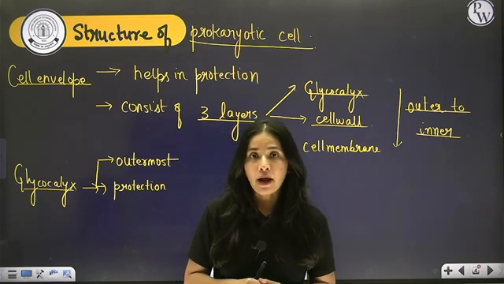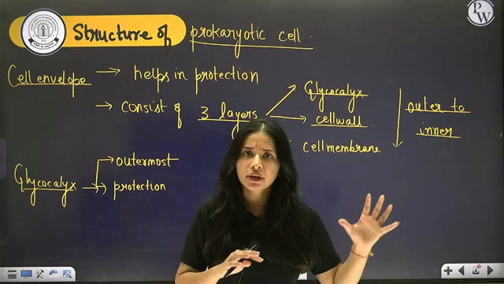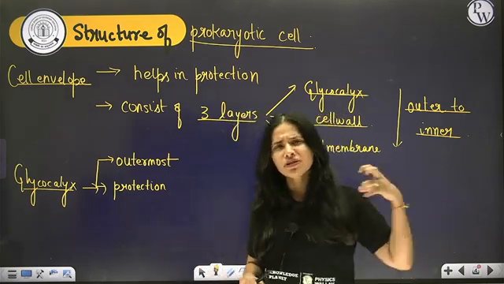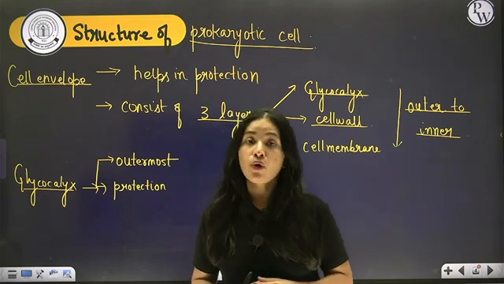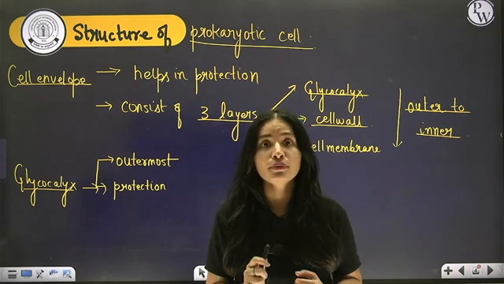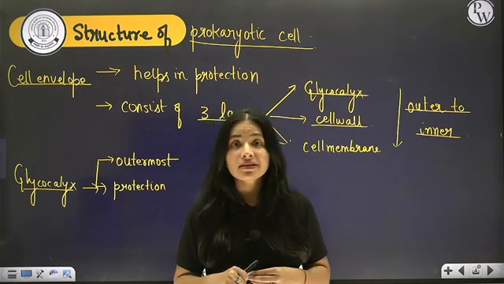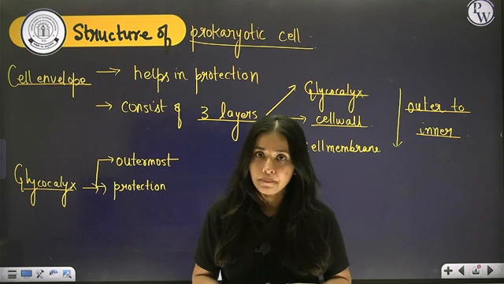Slime layer's function, of course, is protection. But specifically, slime layer also protects the bacteria from getting dehydrated. That means it avoids the excessive loss of water from the cell.